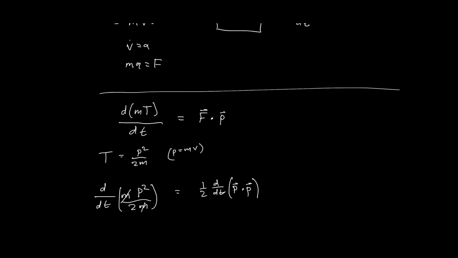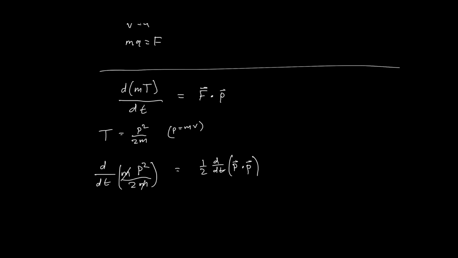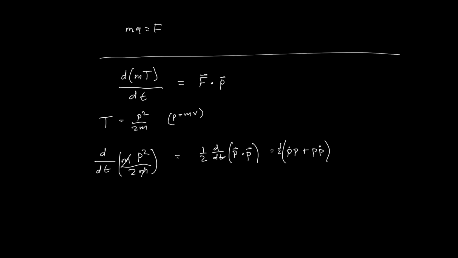And this, again, is the exact same thing, but instead of v's we have p's, so we get 1/2 p dot dotted with p plus p dotted with p dot. So this just equals p dot dotted with p, because they also commute.